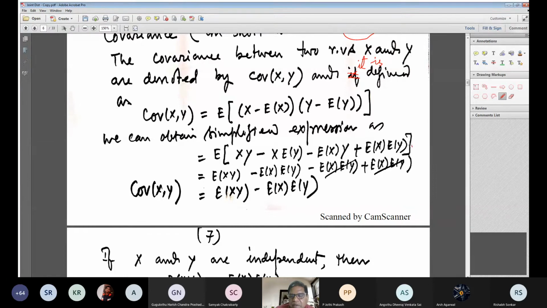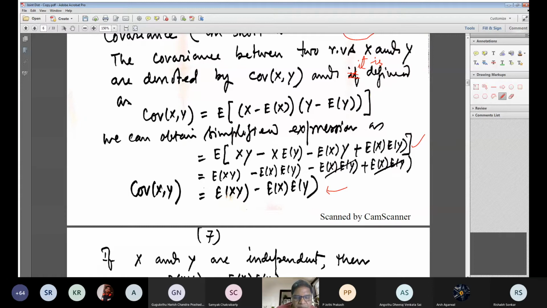So having done this one, if you further simplify, ultimately you will get this result. This is another way to compute the covariance between x and y. It is equal to E of xy minus E of x, E of y.